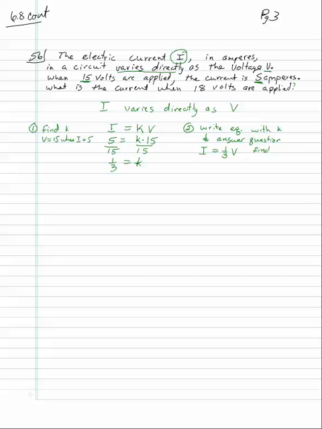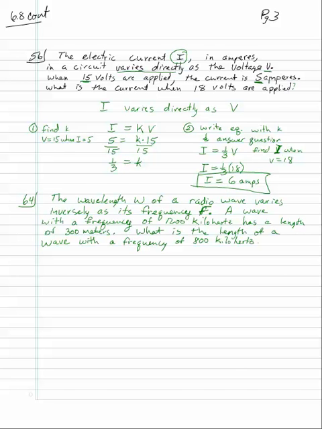Current is our I. Find I when V equals 18. So we just plug in 18 for V and work that out. 1/3 of 18 is 6, so it must be 6 amps when the volt is 18. Alright, so let's try another.